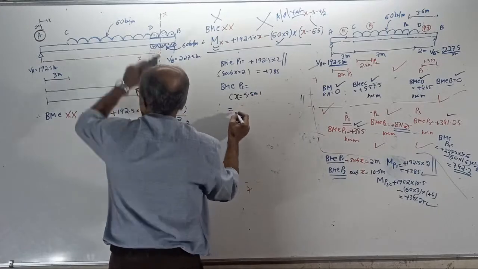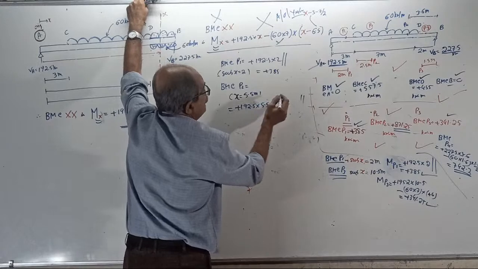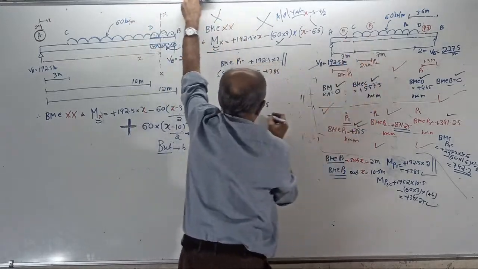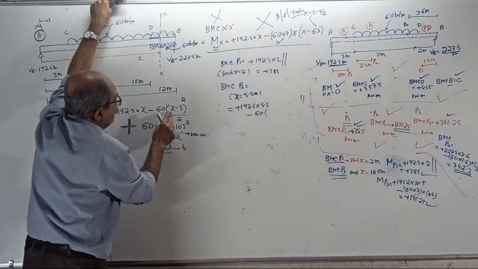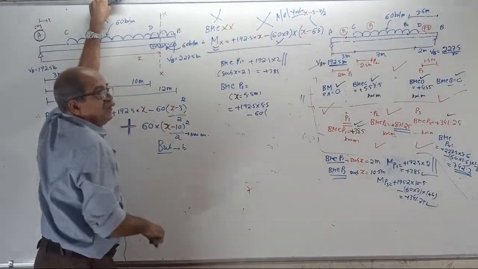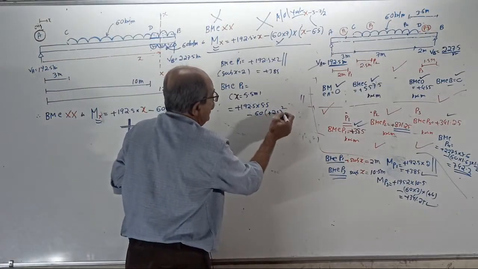It will come plus 192.5 into 5.5. See here, correct. And then minus 60 into 5.5 minus 3. 5.5 minus 3 is plus 2.5 square by 2.